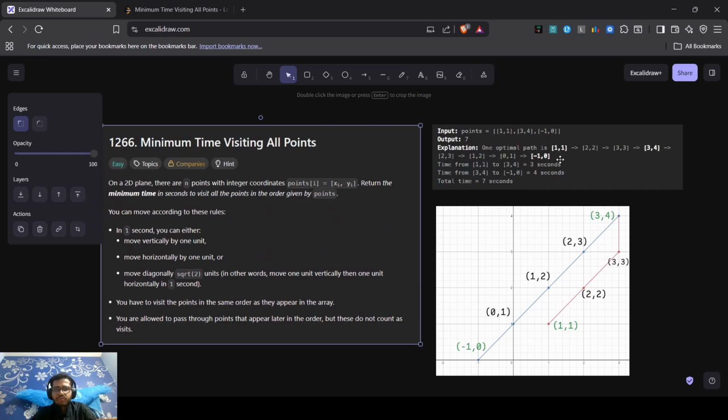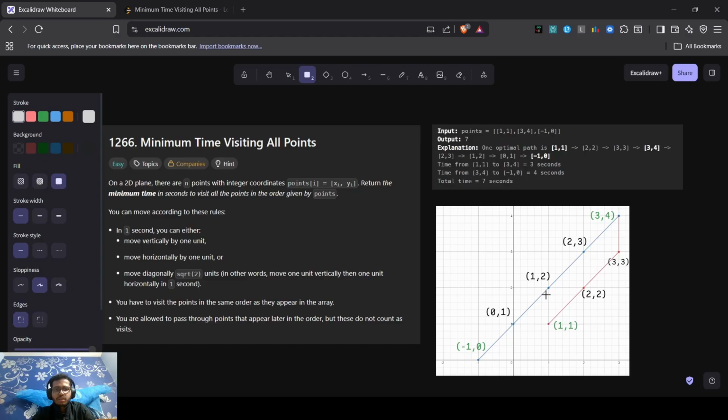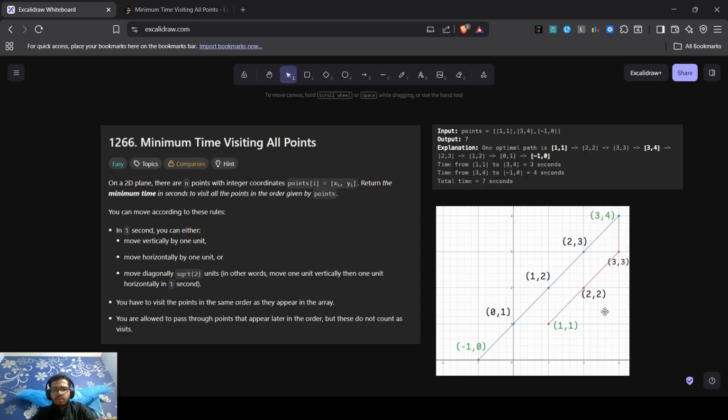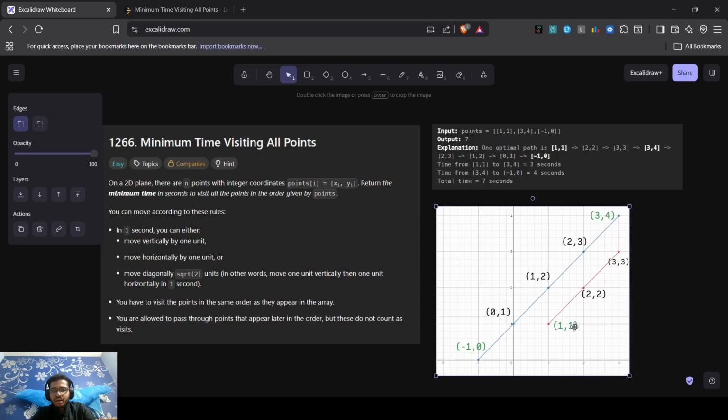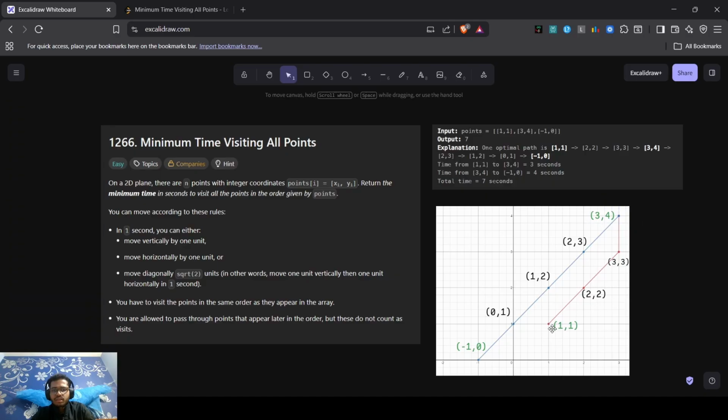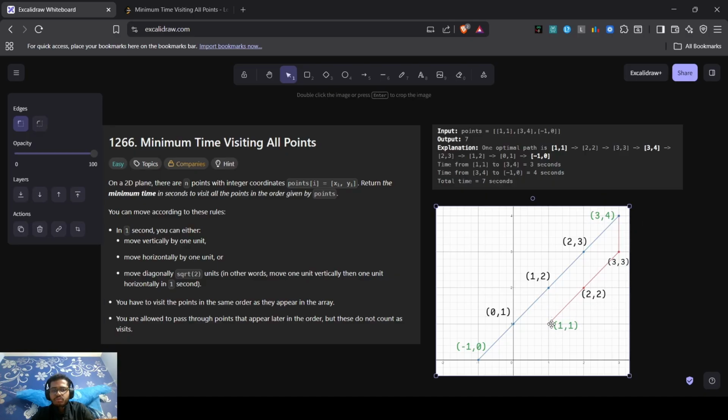For this example, points 1 comma 1, 3 comma 4, minus 1 comma 0. The points we need to visit, I have just marked them green, so you don't have to worry. So point 1 comma 1 is there. If we want to go to point 3 comma 4, then let's see how many diagonal moves we can do.